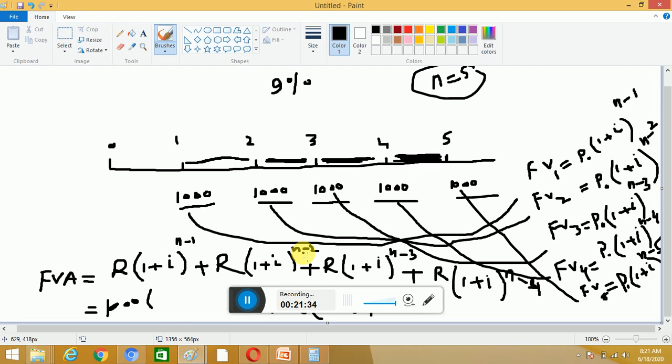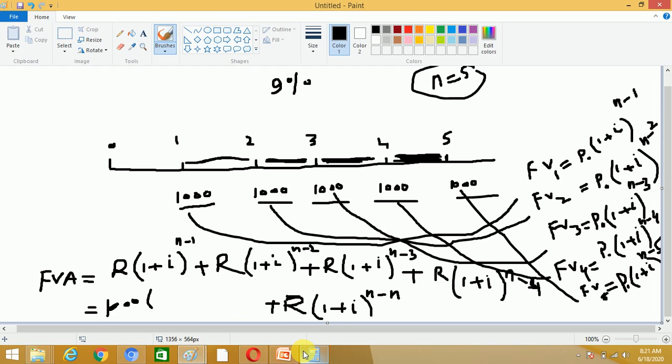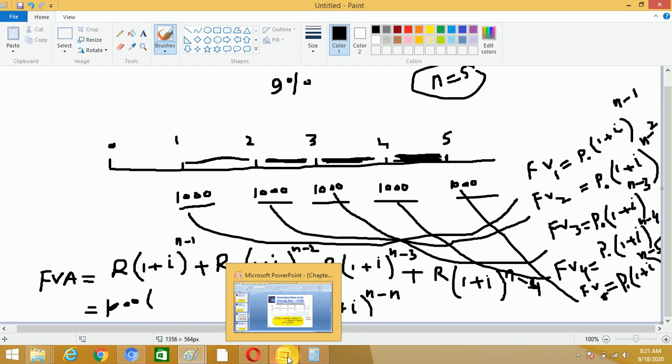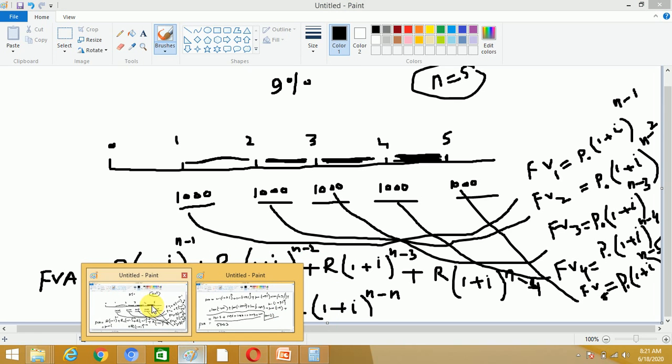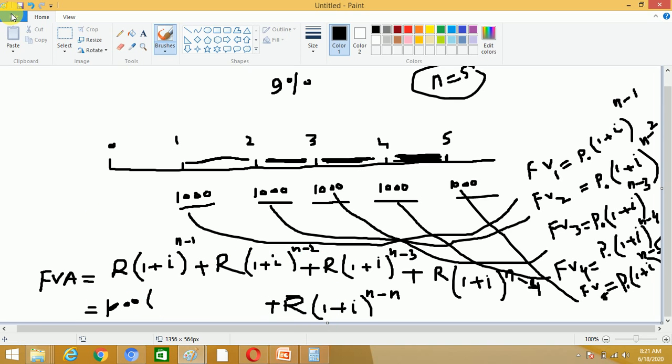So what are we doing? We will use another formula that is very simple, and I think you people already studied it in mathematics.